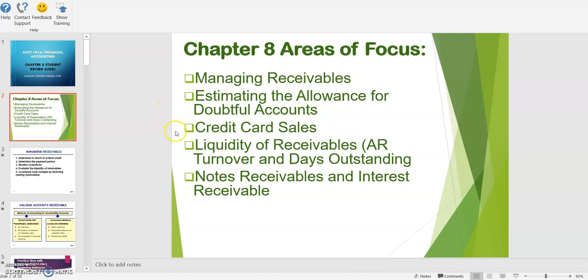This chapter also briefly discusses credit card sales. And we have two ratios that we want to calculate in assessing the liquidity of receivables: the accounts receivable turnover and the days outstanding. This chapter also goes over notes receivables and interest receivable.